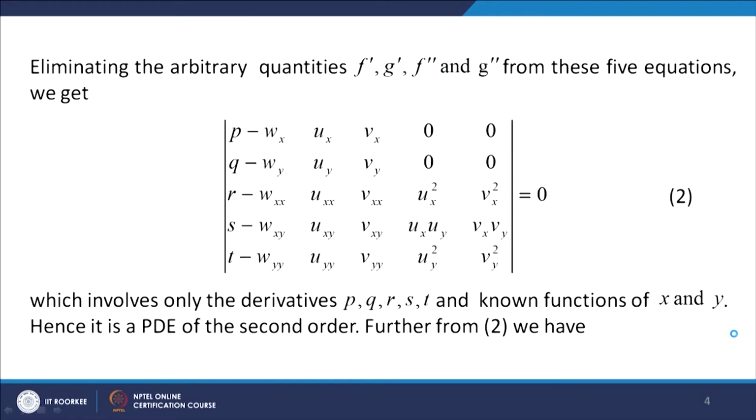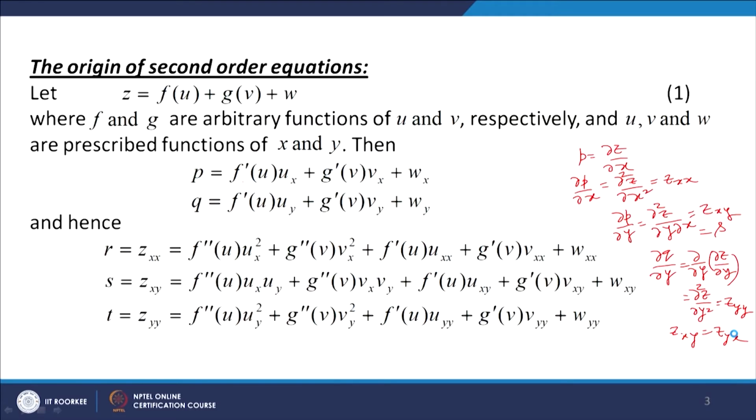Now eliminating the arbitrary functions f dash, g dash, f double dash and g double dash from the 5 equations. We have 5 equations here: this is one equation, second equation, third equation, fourth equation, fifth equation. From these 5 equations, let us eliminate the 4 quantities f dash, g dash, f double dash and g double dash.